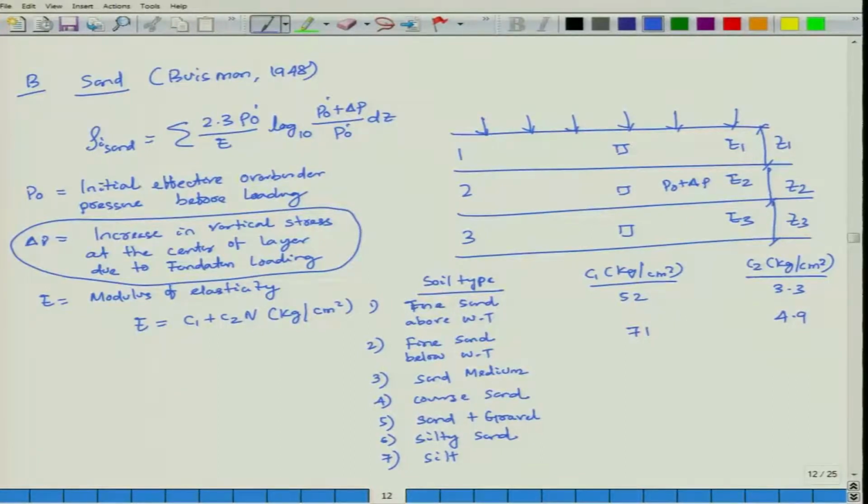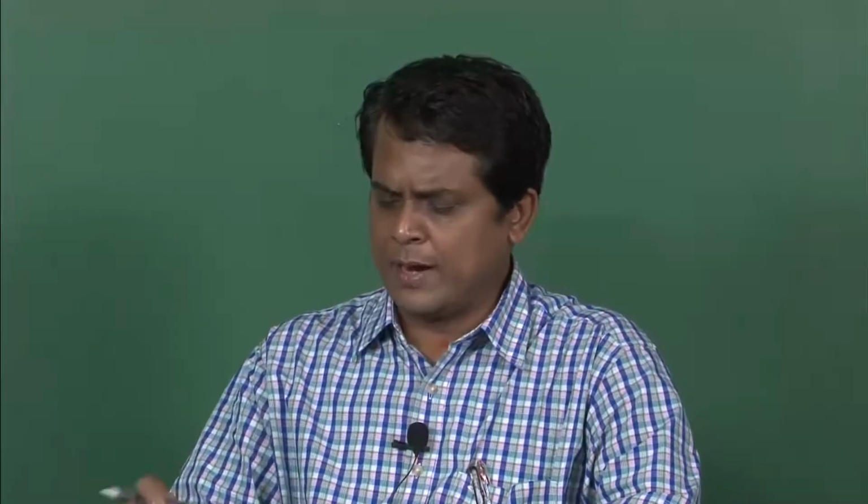C1 plus C2 N. You can get the SPT N value from the field or maybe geotechnical investigations. Once you take out the value of N, based on what is the type of soil, from there you can take the value of the C1, C2, that is why I have written here.